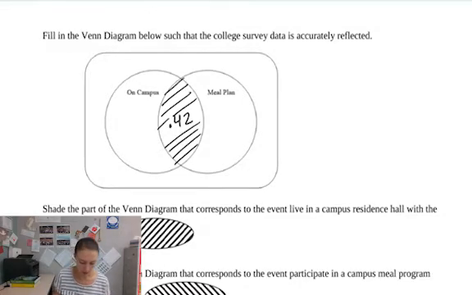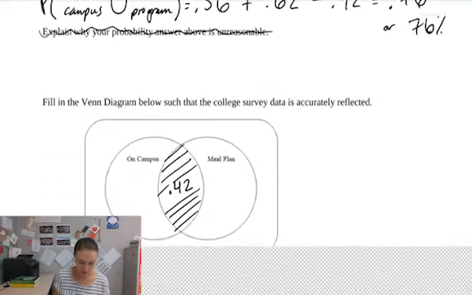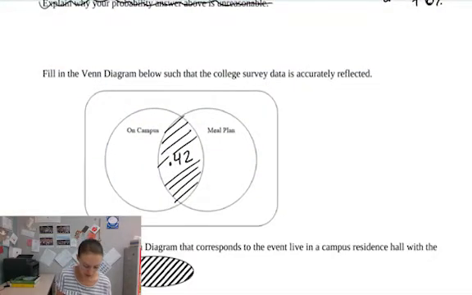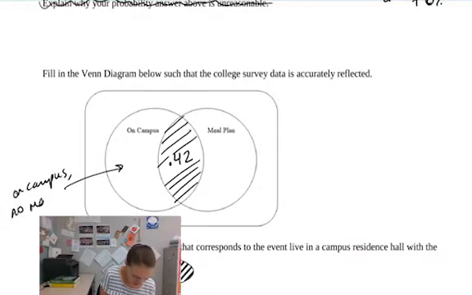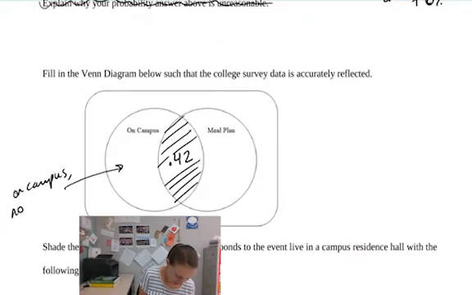Now, if I were to just put 56% in here, I would be wrong because this represents on campus but no meal plan.